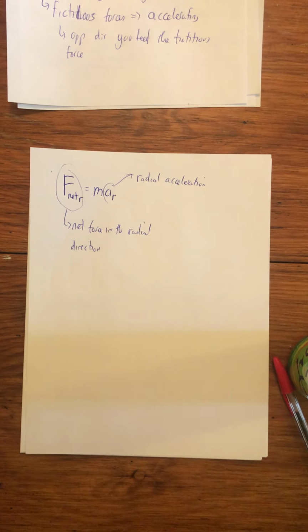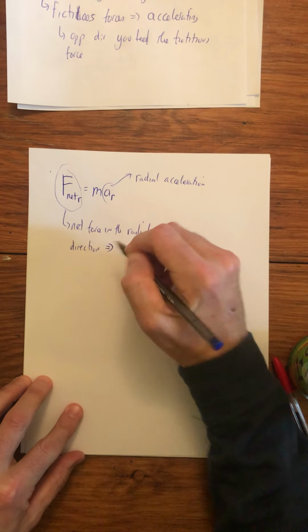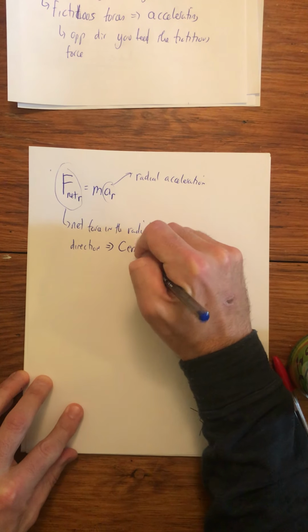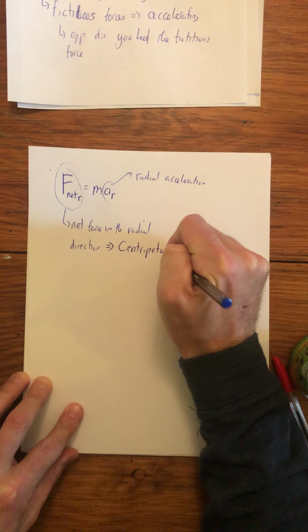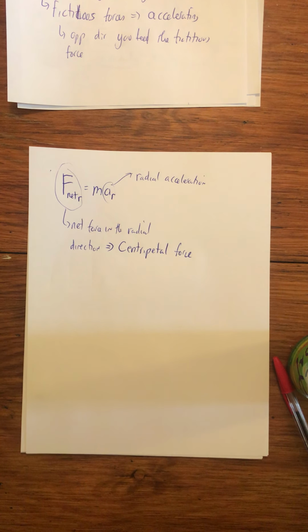Now, because that net force in the radial direction always acts radially inwards, it's sometimes given a new name. It's sometimes called the centripetal force. Now some of you are like, no, hold on, there's another word. We'll talk about that other disgusting word later, the one you're thinking of as centrifugal.